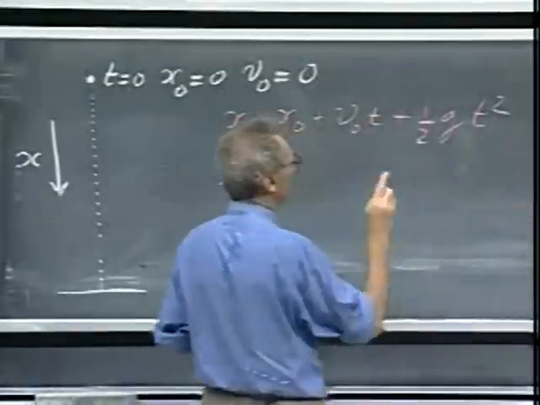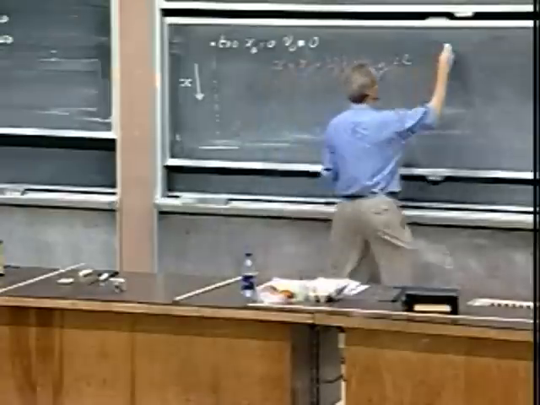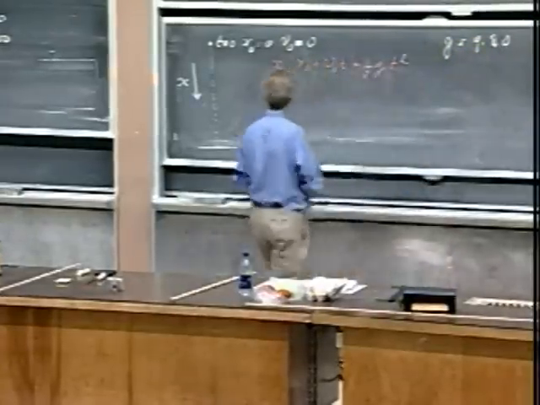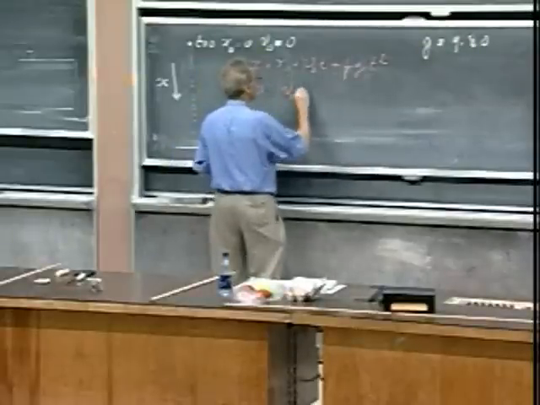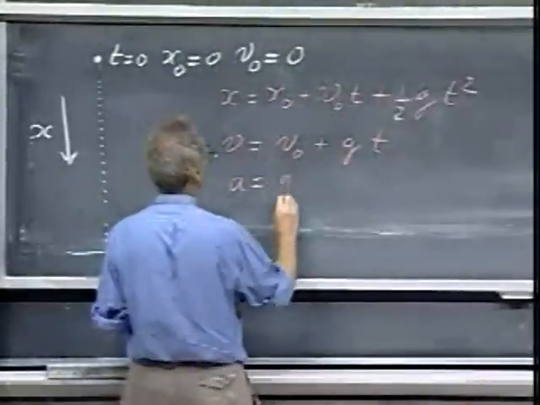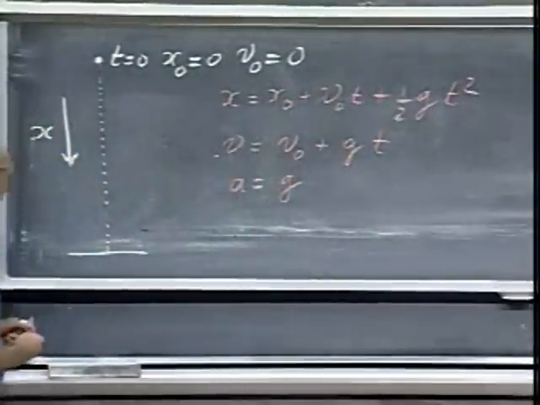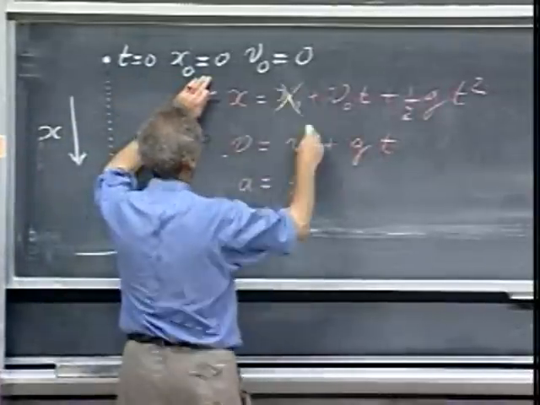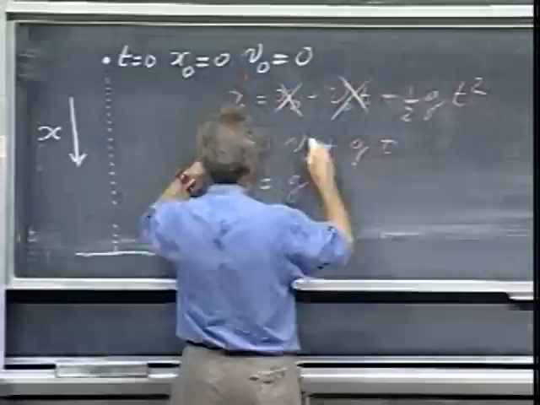And g now is 9.80 meters per second squared. The velocity at any moment in time equals v0 plus gt, and the acceleration is constant, simply g. Now, in my case, I have chosen t equals 0, x0 is 0, and I've chosen v0 to be 0, so these go.